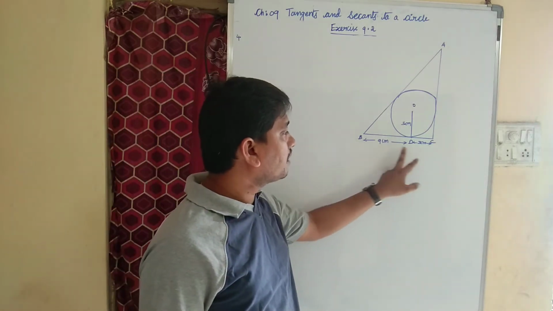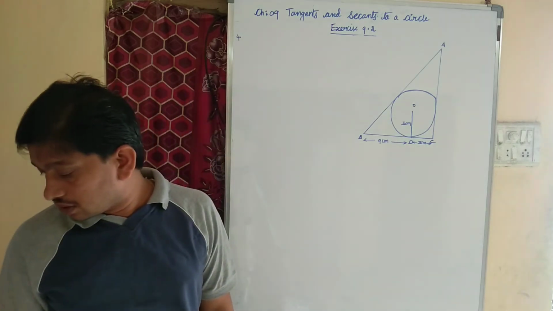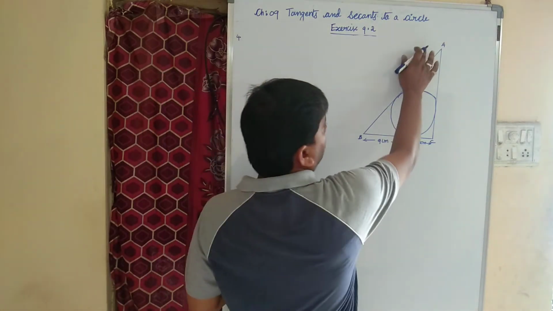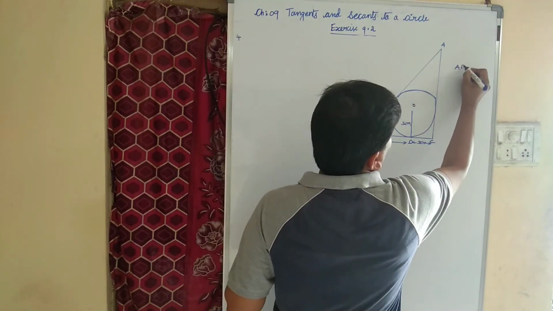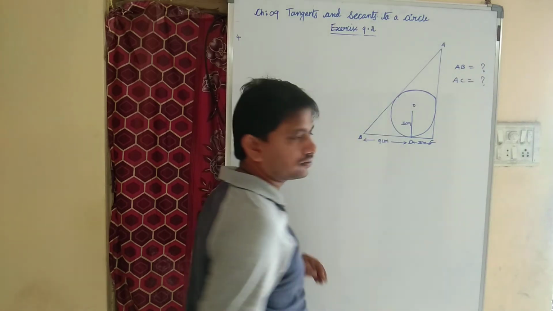I mean, given length of BD is 9 cm and length of CD is 3 cm. Now they are asking to find the lengths of AB and AC.